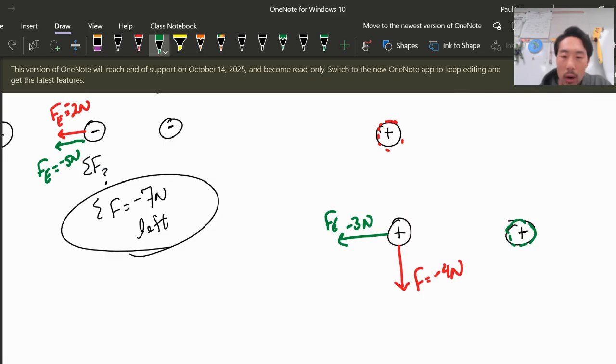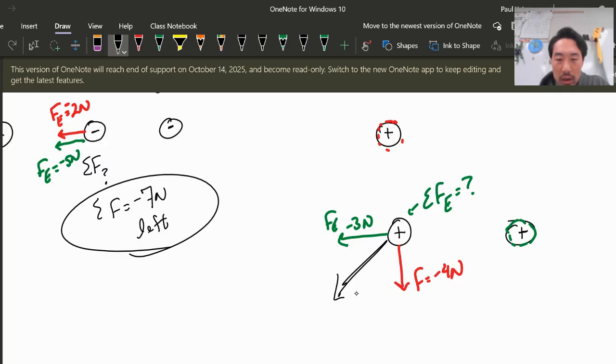Now, the question would be, what would be the net charge on this most bottom one? In this case, we have to use our favorite math formula, the Pythagorean theorem, and you would see that the net charge here would be 5 newtons. We just use the Pythagorean theorem for that one.